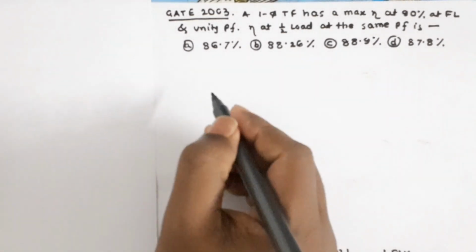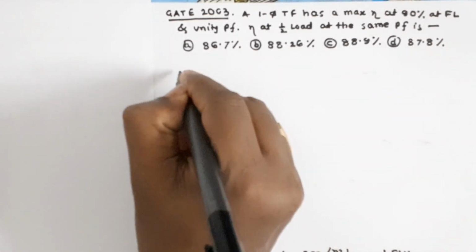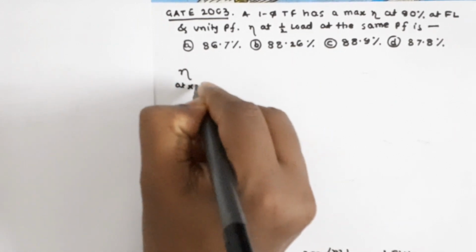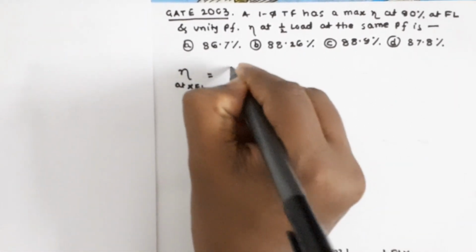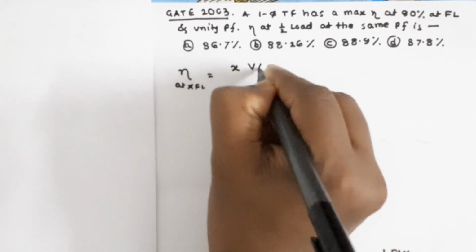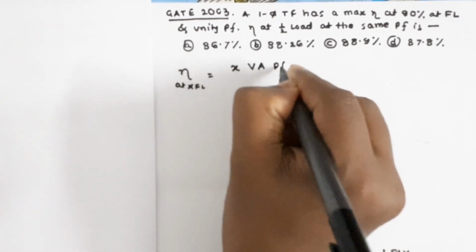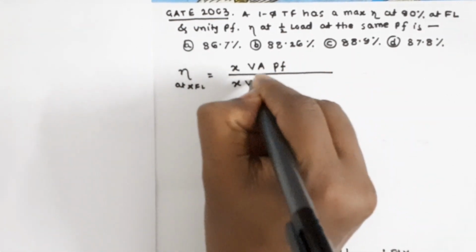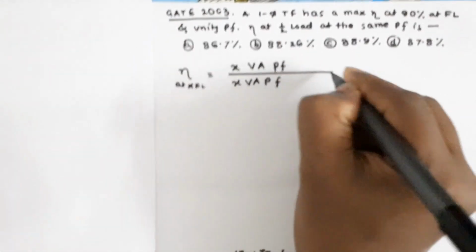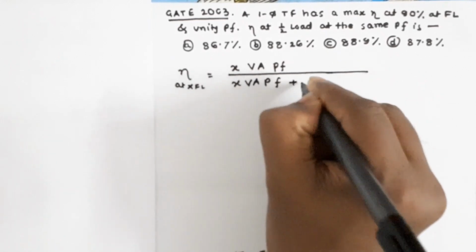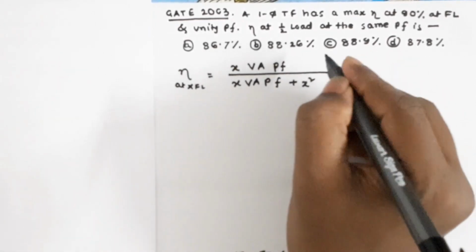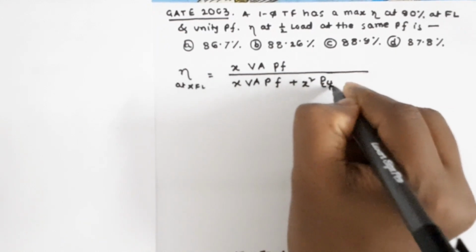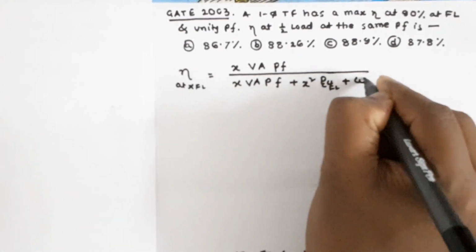Here we have derived one relation of efficiency at X of full load, which is given by X into VA into power factor, divided by X into VA into power factor plus X square into full load copper loss plus iron loss.